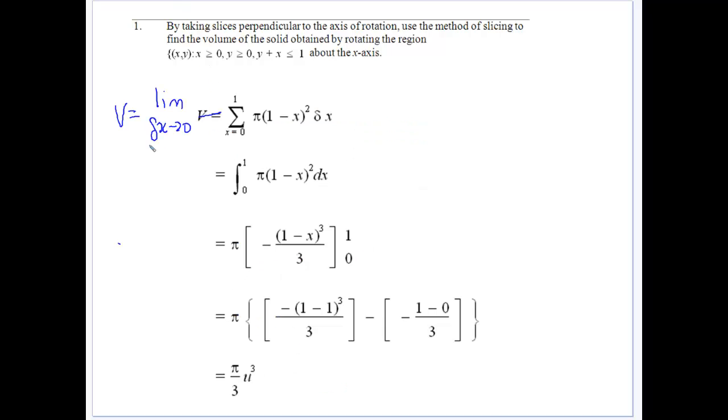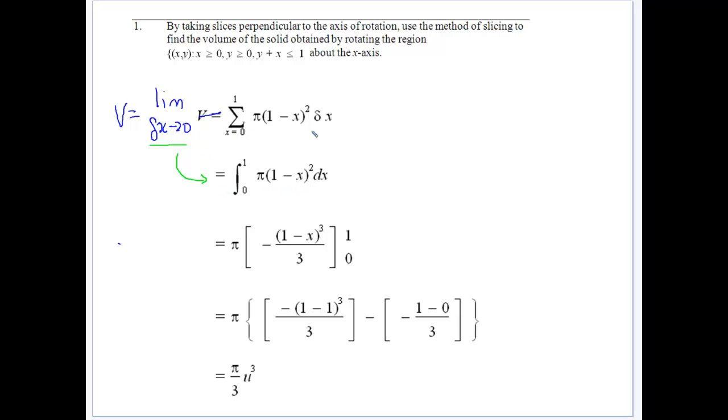As that thickness approaches 0, the discs get thinner and thinner, and we get more and more discs that fit between the two values. The sum of all those discs, as the limit of the thickness approaches 0, gives us an integral. That's where the integral comes from.